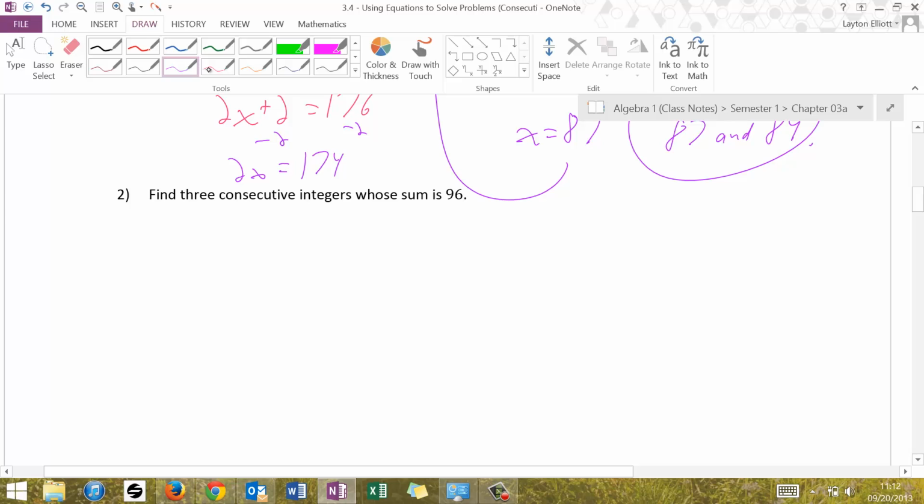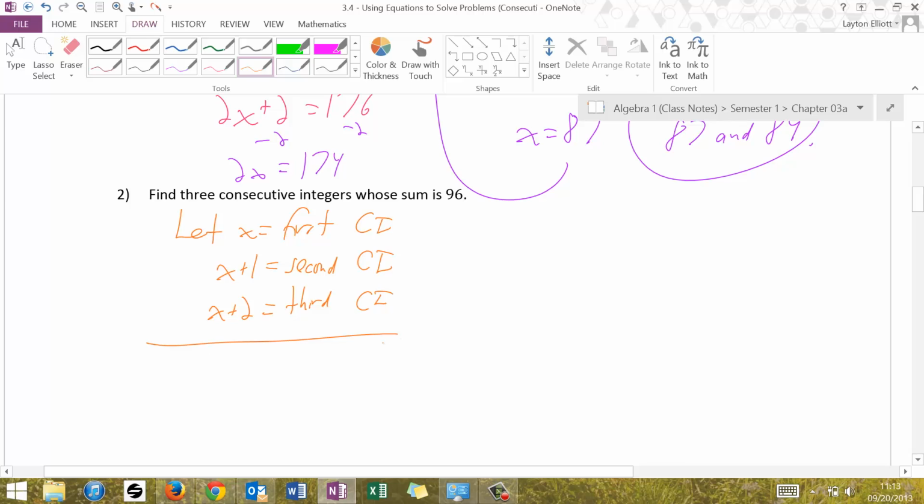In the next problem, we have 3 consecutive integers. These are not evens or odds, they're just consecutive. So we're going to let x equal the first CI, x plus 1 equal the second CI, and x plus 2 equal the third CI.